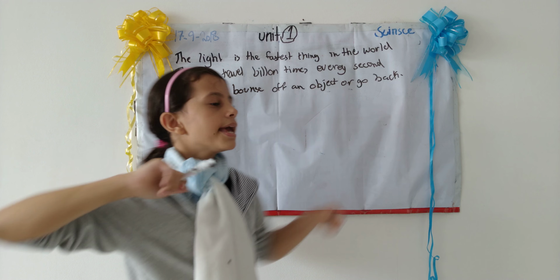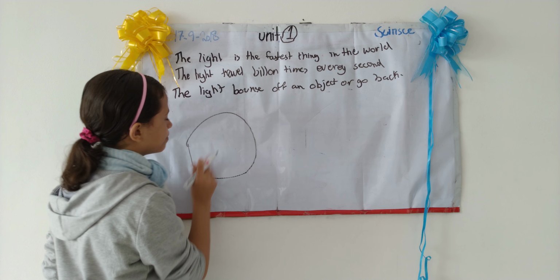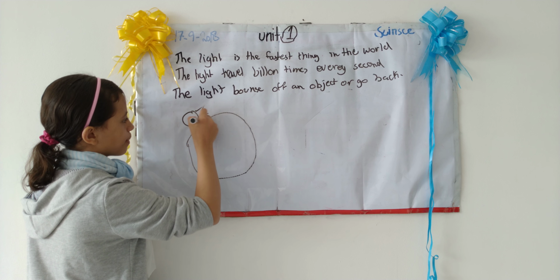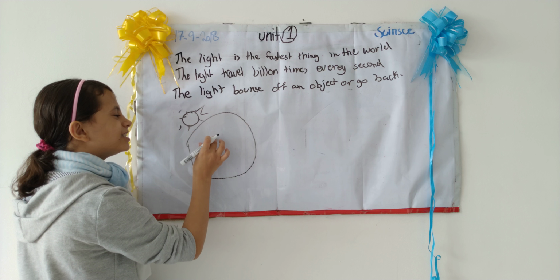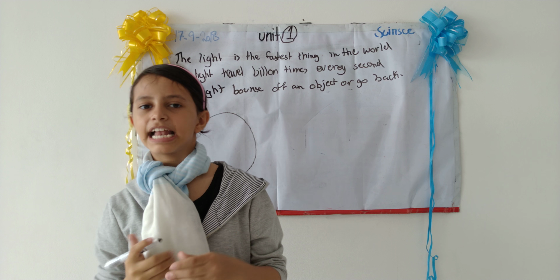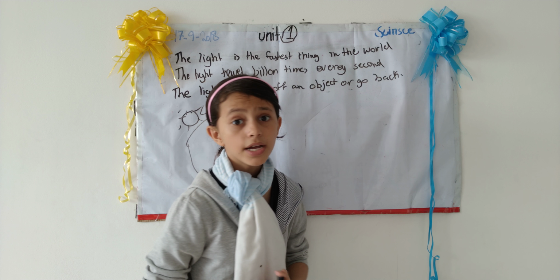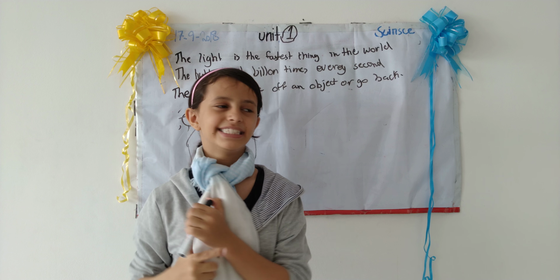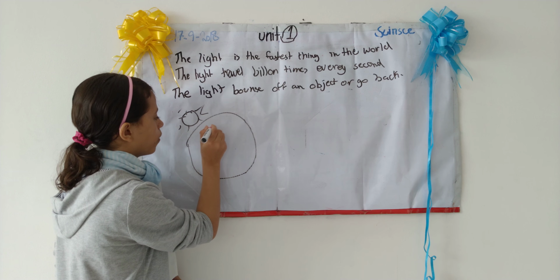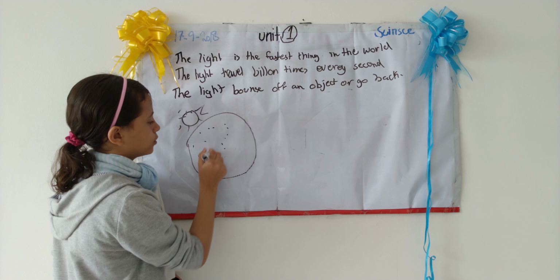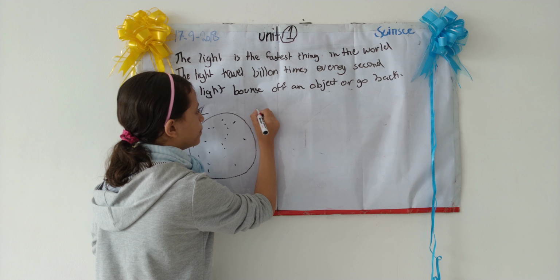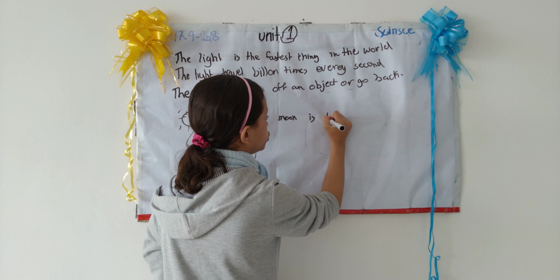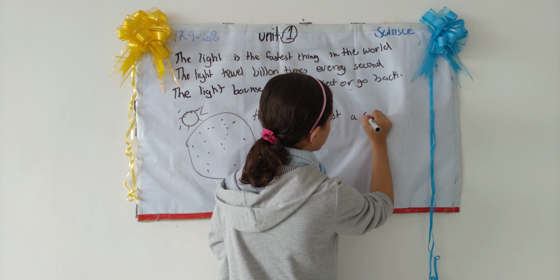It just reflects the light of the sun because it doesn't have its own light like the sun. So the moon is not a source of light.